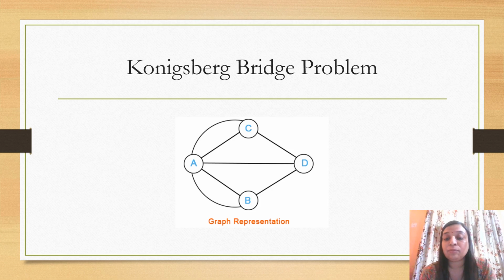So Euler said that it is not possible that you start with a vertex, take every bridge exactly once, and get off at some other vertex, because every vertex here is odd in nature. It has an odd number of bridges on it, and that's how he said that a solution to such a problem is not possible.